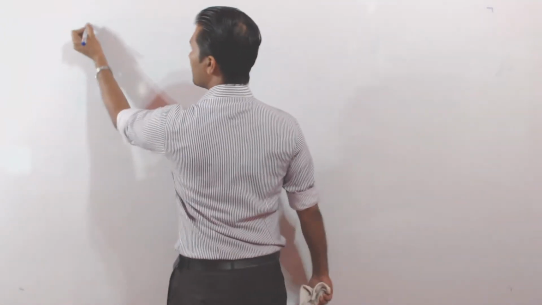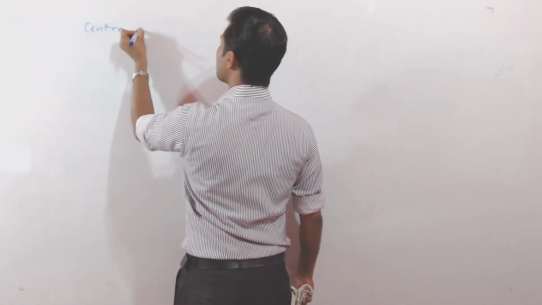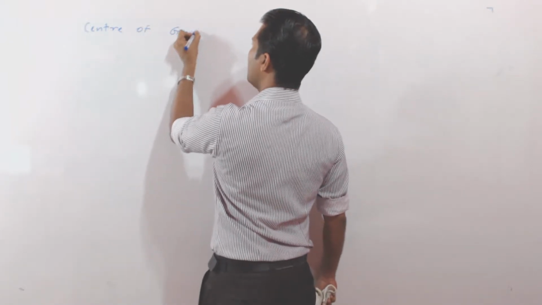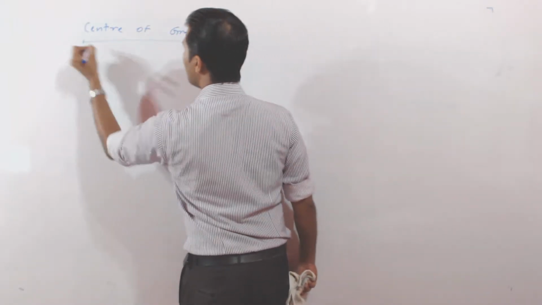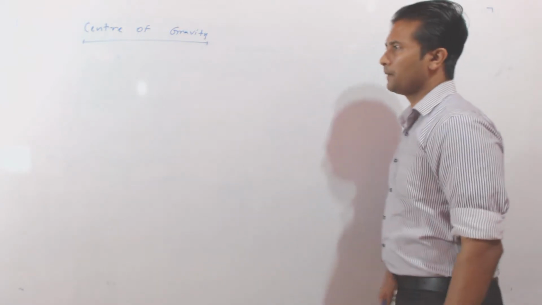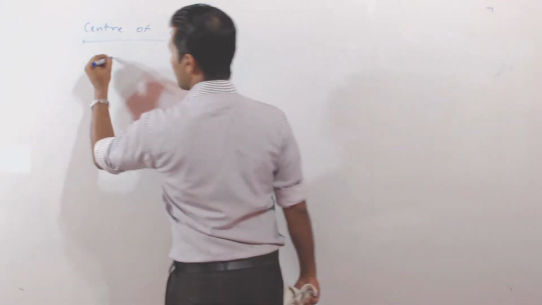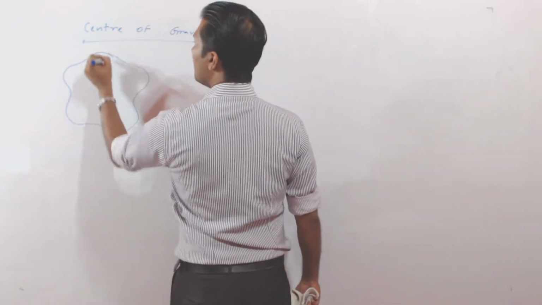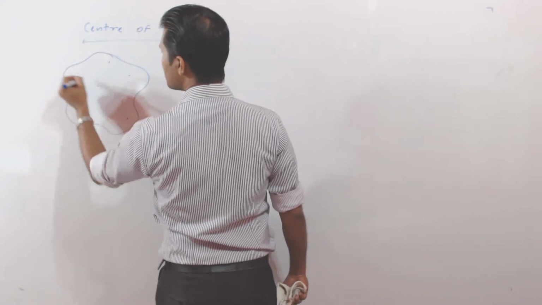Now we can move on to center of gravity. What is center of gravity? An object contains point masses.